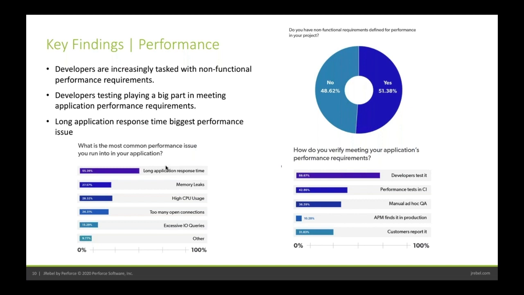Now, when it comes to when people are actually identifying performance issues, you can see a variety of results. Developers are testing about 70% of these issues, which I think is encouraging to see. I think the more developers are involved in these processes, the fewer are going to end up on that bottom one where customers are reporting it.